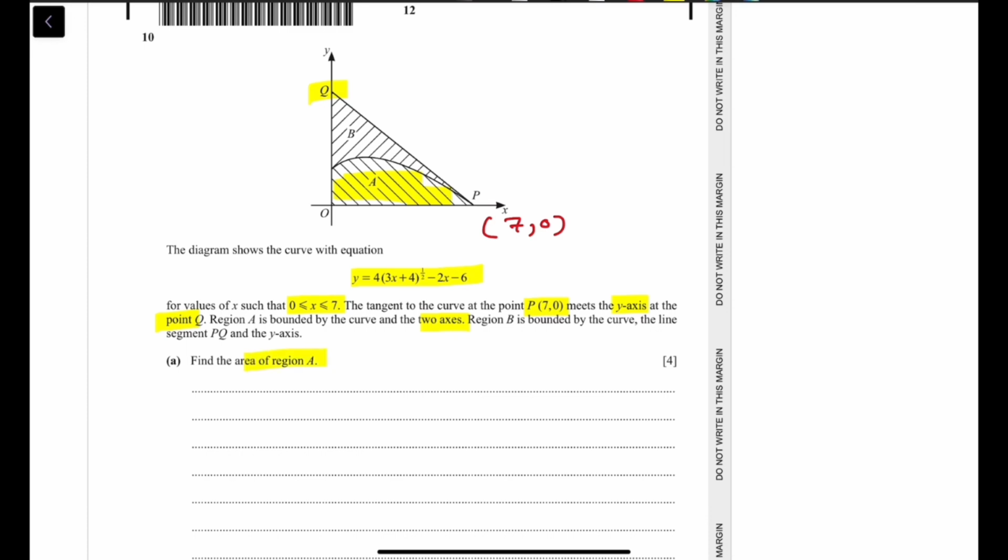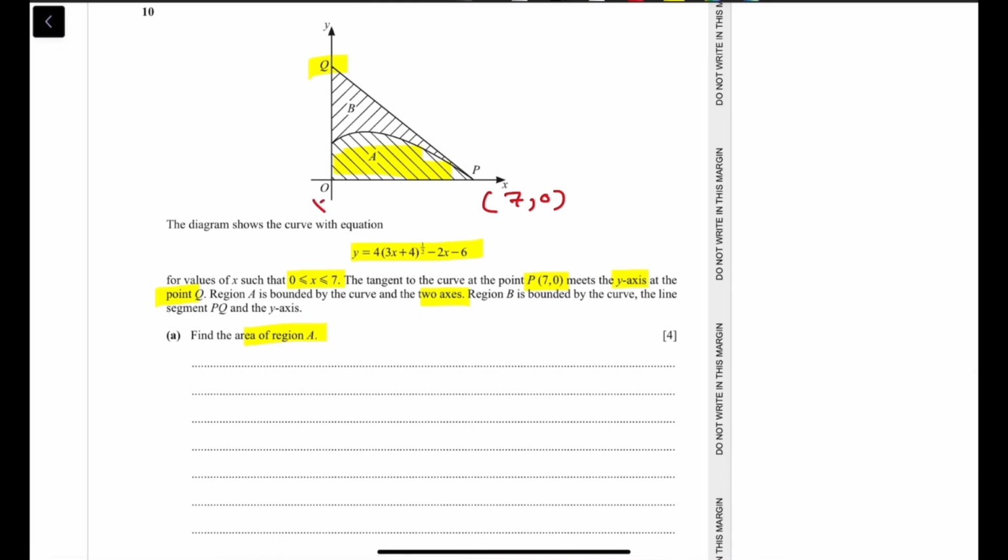So region A is just the curve and the axes. So it's between x equals 0 and x equals 7. So all I have to do is the definite integral from 0 to 7. First I'm going to find the integral of our curve for the area under the curve.